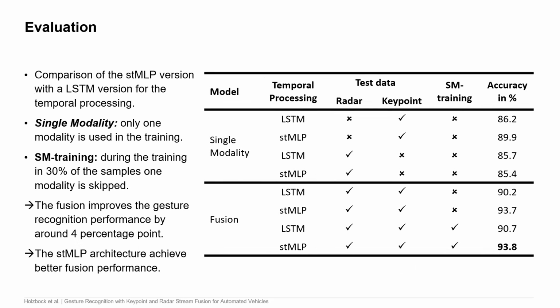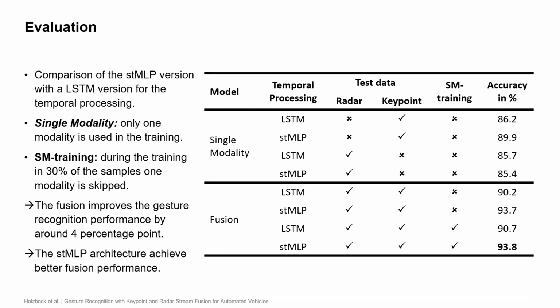In the evaluation of our architecture, we compare a STMLP version with the LSTM version. In the first part of the table, the single modality, we only use one modality for the training and testing. The SM training, the skip modality training, means that during the training in 30% of the samples, one modality is skipped.